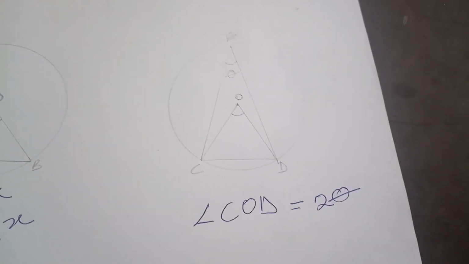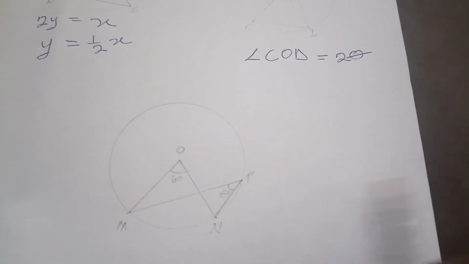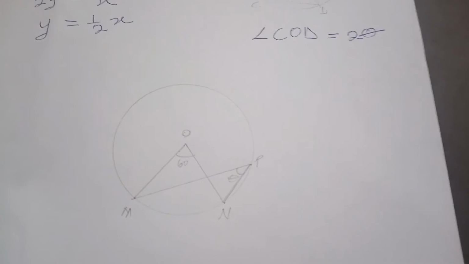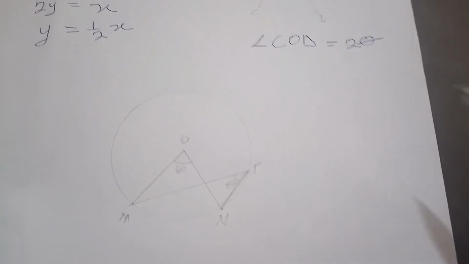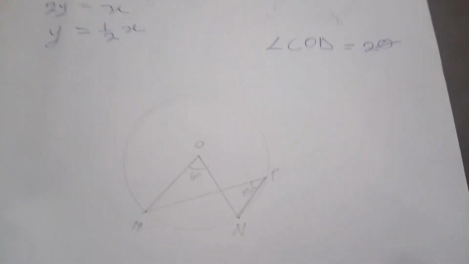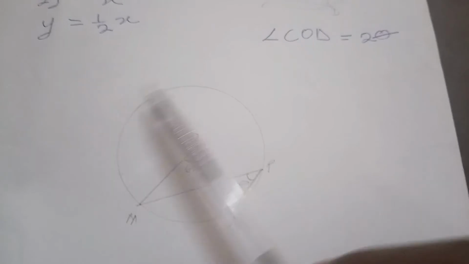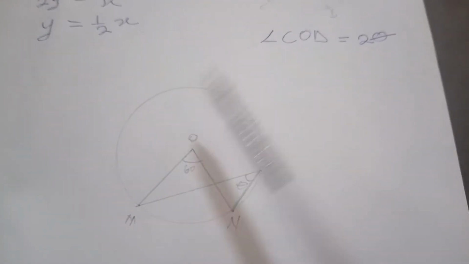Then the third example is just to tell us that it's not always that the angle at the circumference will be at the top, but it can be anywhere along the circumference of the circle.